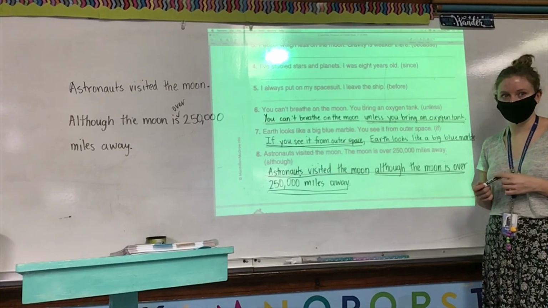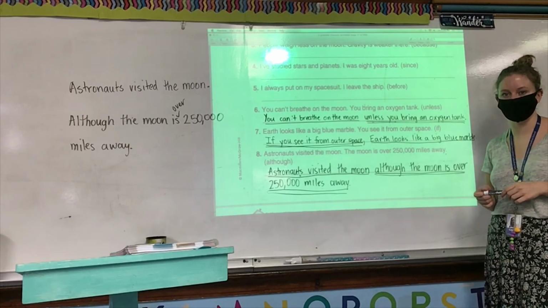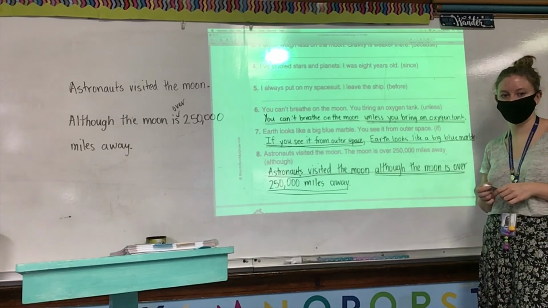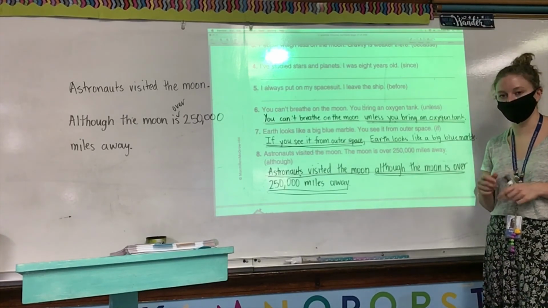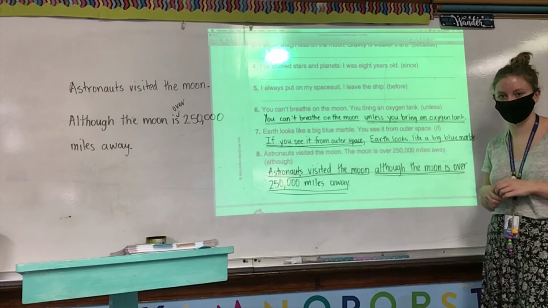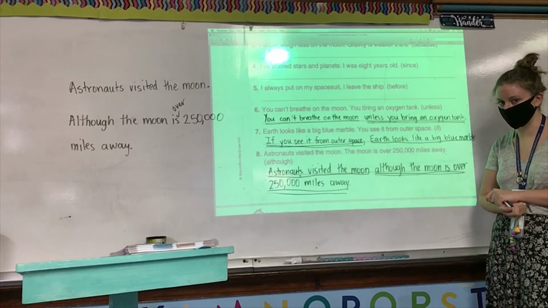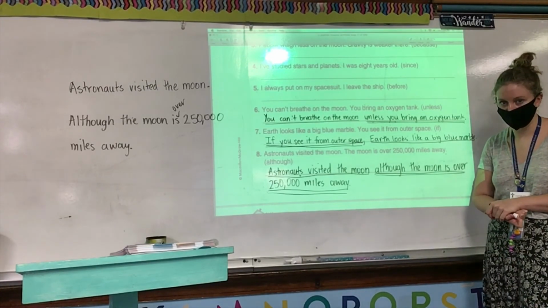Who can help them out? What does it say about when the independent clause comes first? Zari? You put a comma. What does it say in the notes? That's what I'm asking right now. And that's not what it says in the notes. So I know you're just answering to answer. Please pay attention to the lesson.